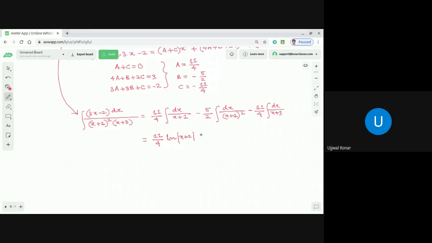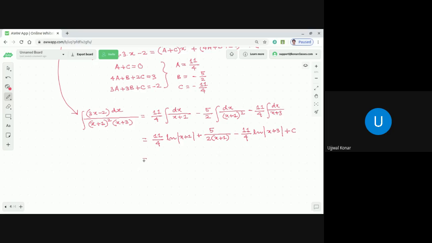So plus 5 by 2 into 1 by (x plus 1). Correct or not? Minus 11 by 4 into ln of mod (x plus 3), and plus the integrating constant c.